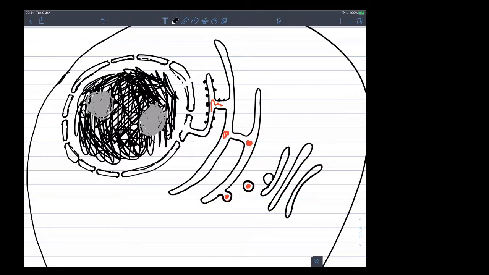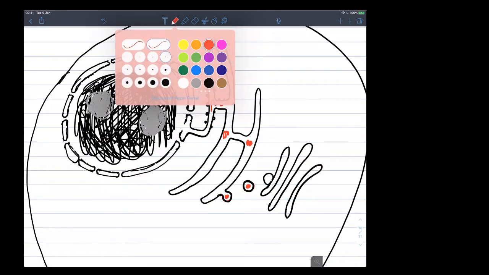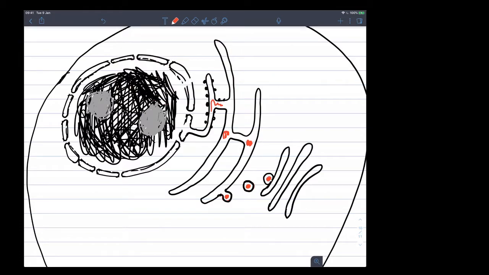I don't remember if it's the cis face, I think it's the cis face of the Golgi apparatus with that protein contained, and that vesicle will fuse with the cis face of the Golgi apparatus, and once added in to those membrane sacs, enzymes within the Golgi apparatus then continue the modification process. So they will add carbohydrate to these proteins, modifying them, and these proteins then move through.